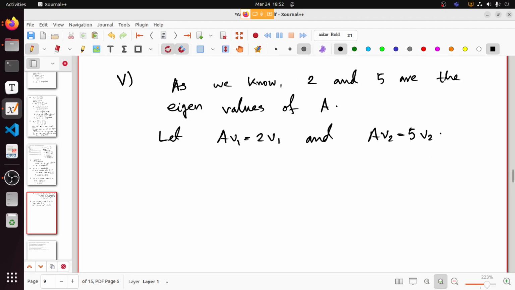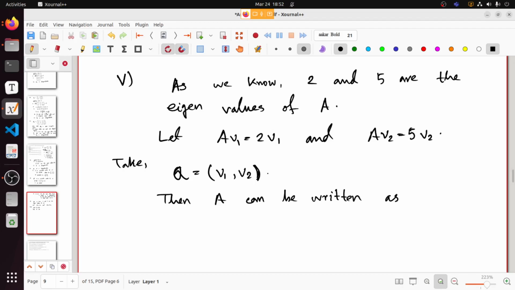If you take Q with V1 and V2 as columns, then with this basis A can be written as Q D Q inverse, where D is [[2, 0], [0, 5]].